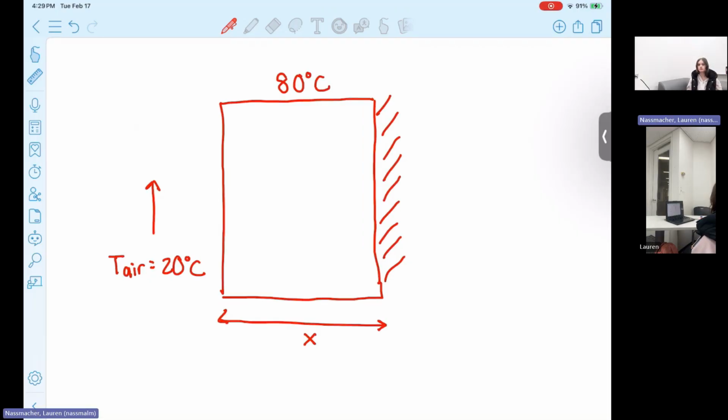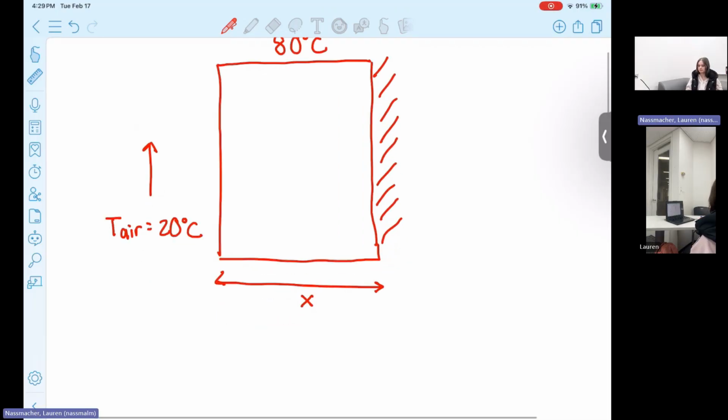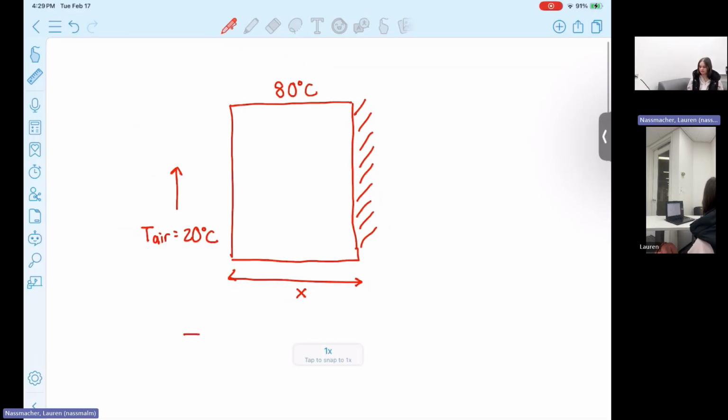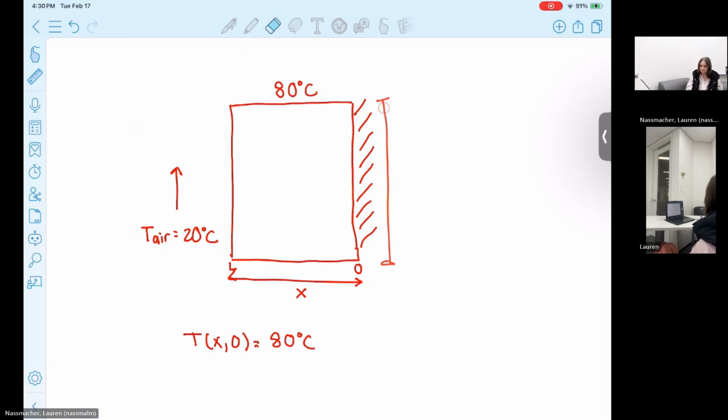The slab is initially uniformly 80 degrees Celsius, so our initial condition can be written as the temperature at x of 0, where we can label this side as 0 and this side as L, is equal to 80 degrees Celsius. As we said before, one side is completely insulated, which means that the temperature gradient at this side has to be equal to 0.